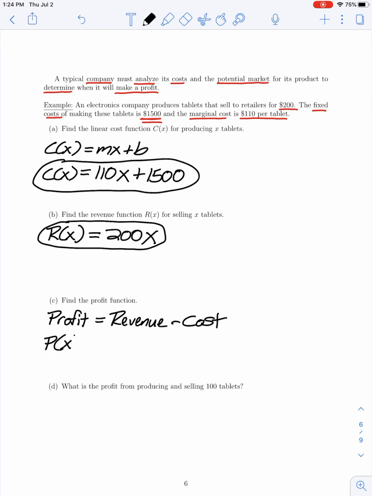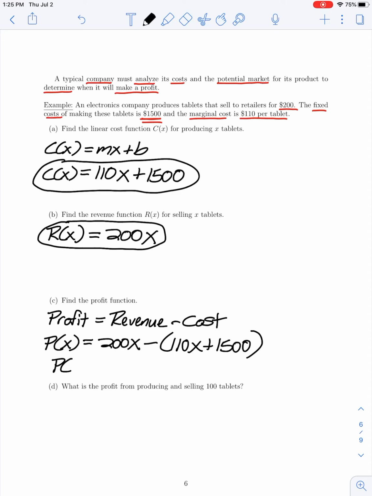Notationally, P of x is our revenue function, which was 200x, minus our cost function, which was 110x plus 1,500, and we're subtracting that entire cost quantity.